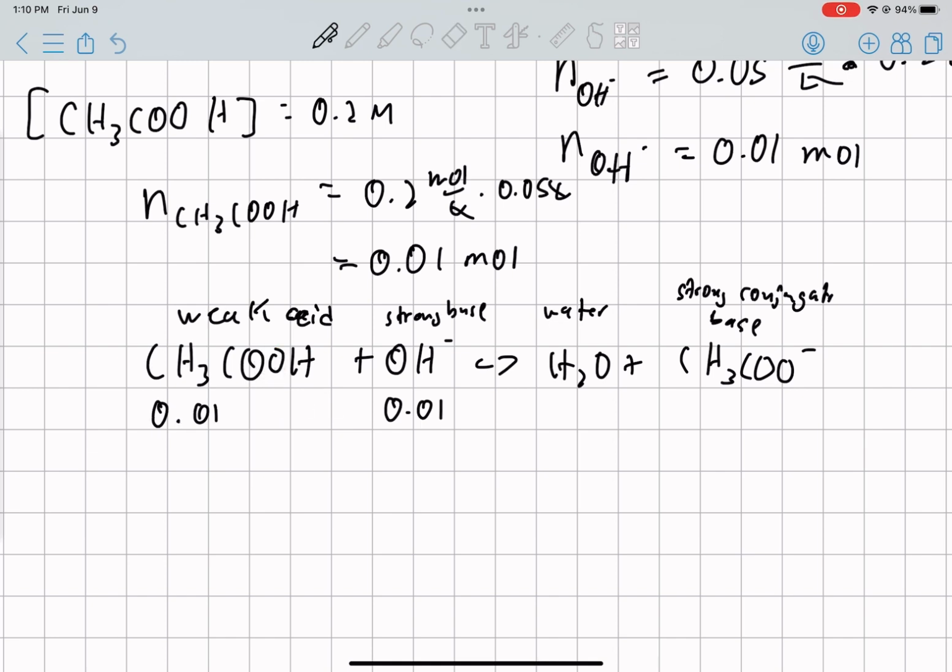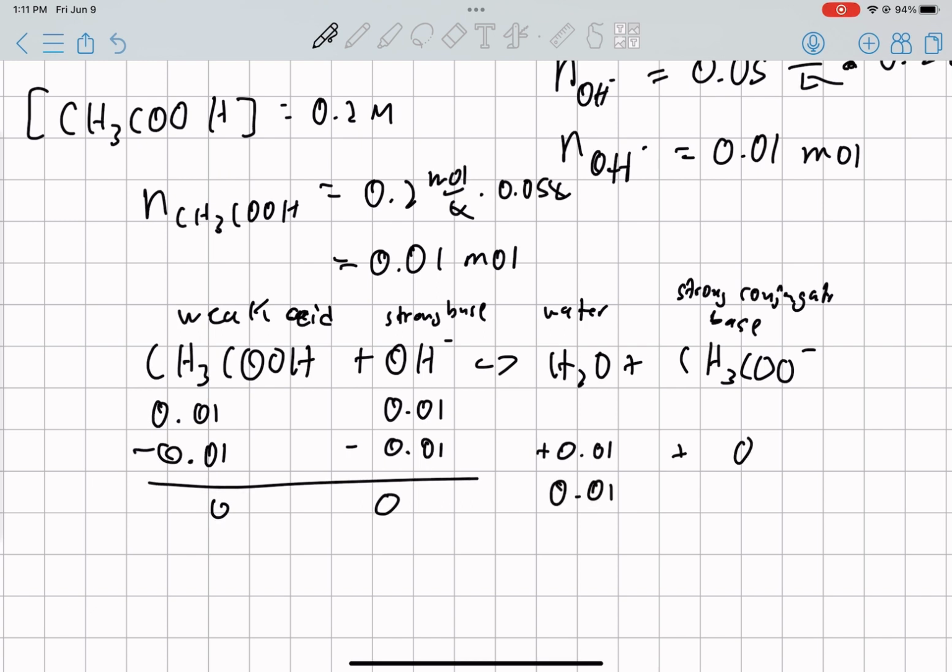I could have made this question more complex and not made it equal, but these two will react fully with each other. There is no limiting reactant, so they will both react fully with each other to be left with no moles. Whereas on the other side, 0.01 moles of water will be produced, and also the answer to the previous question I was asking, 0.01 moles of our strong conjugate base will be produced.